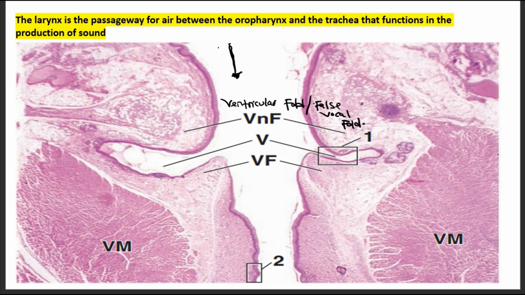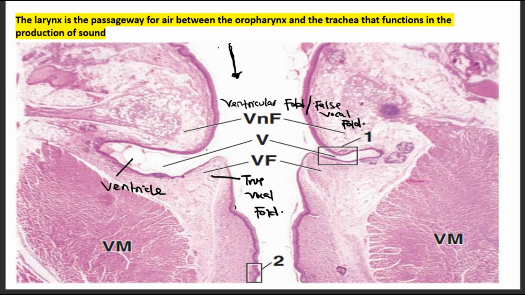Okay, and then it forms these parts here that are called ventricles. So this is a ventricle. And then the ventricle will now form this fold here, which is called a true vocal fold. Now, as you can see, these false vocal folds are surrounded by this epithelium. You can't really see properly, but this is non-keratinized stratified squamous epithelium.